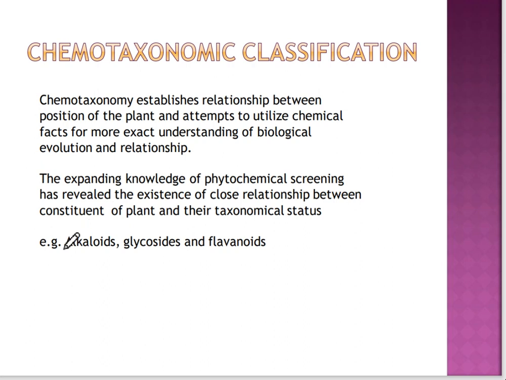For example, you have alkaloids, glycosides, and flavonoids. It establishes a relation between the position of plants and attempts to utilize chemical facts and an exact understanding of biological evaluation and relationship. The expanding knowledge of phytochemical screening has revealed the existence of a close relationship between the constituents of plants.